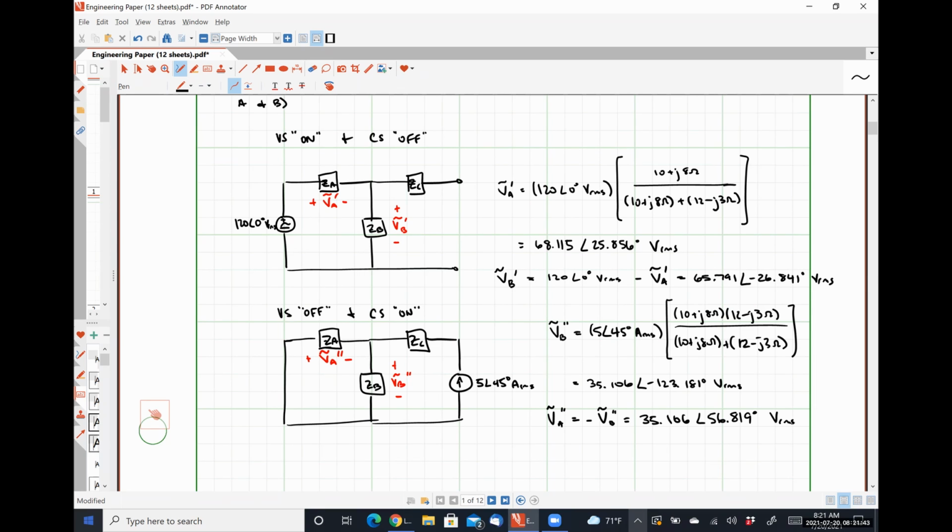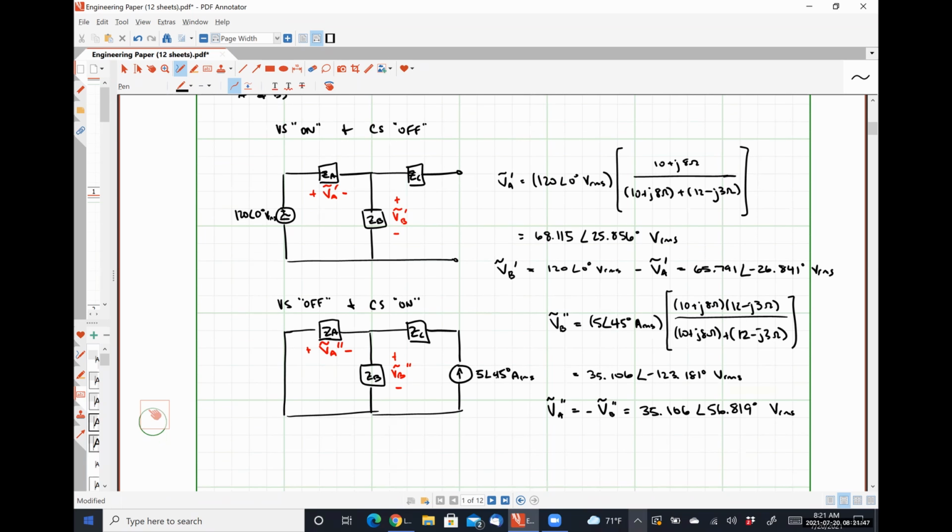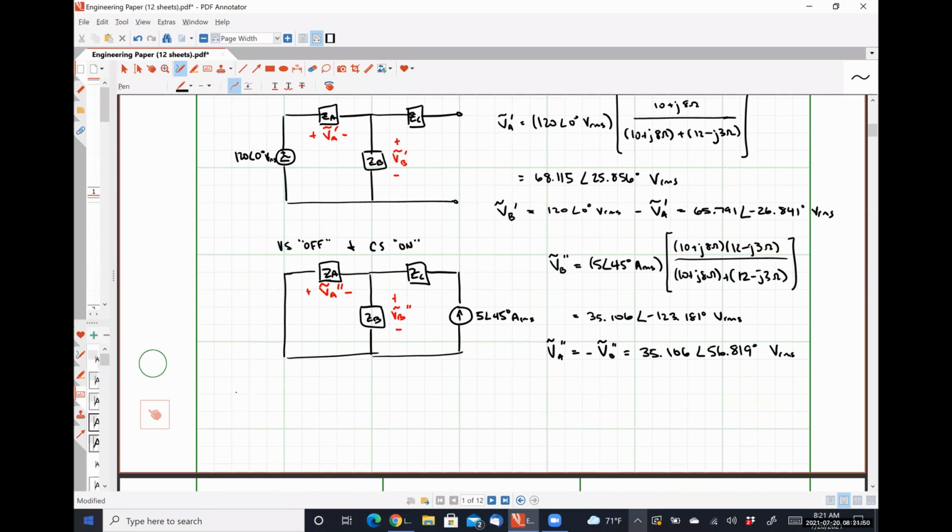Finally, VA is just going to be VA prime plus VA double prime.